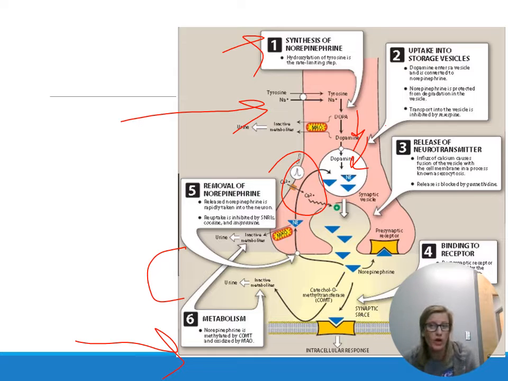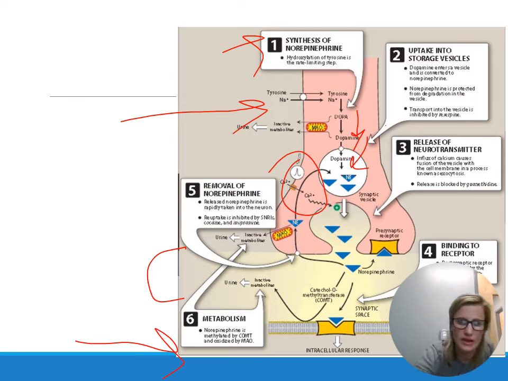Another drug for hypertension is guanethidine. Guanethidine, for example, blocks this release of norepinephrine. So if you're not releasing norepinephrine, you're not stimulating things like heart rate, vasoconstriction, etc. So that would lower blood pressure.